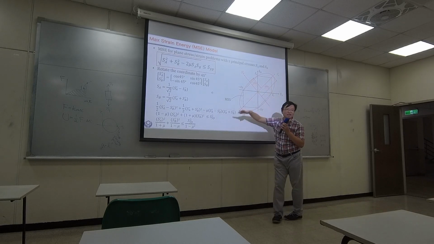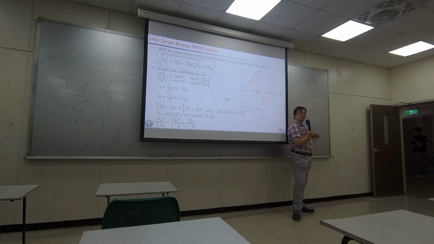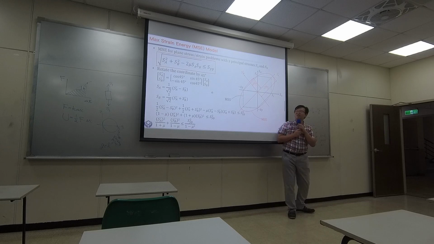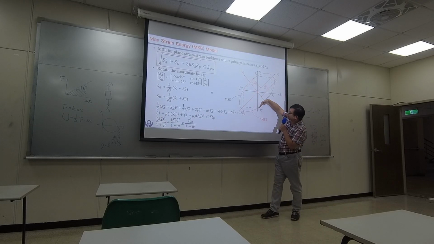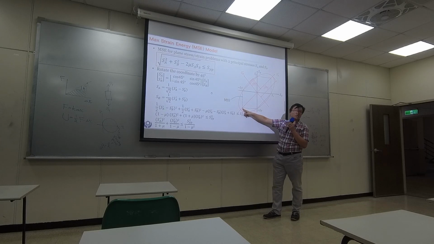So only if you have an ideal 0.5 Poisson ratio material, then you will have this ellipse model passing through this corner point.